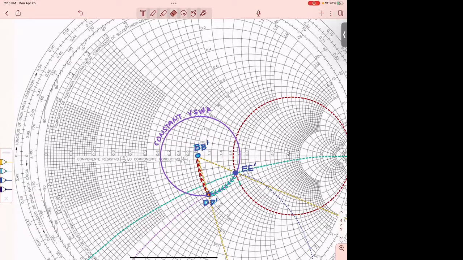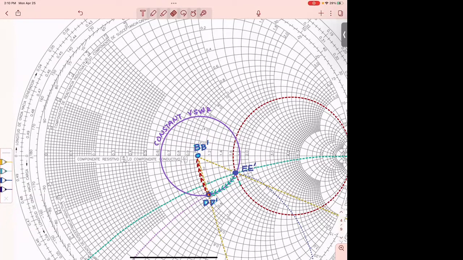In other words, all of the points on this constant resistance circle have a real component in the impedance of 50 ohms if you denormalize. And I like that because that's where I eventually want to reduce my complex impedance to 50 ohms. The stub is going to help me do that.